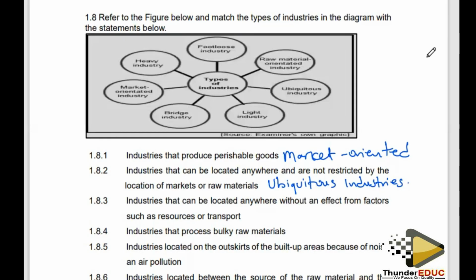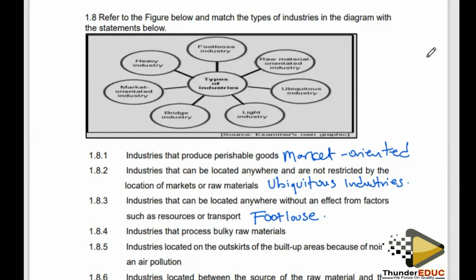Number 3, industries can locate anywhere without an effect from factors such as resources or transport. This will be the Footloose Industries. So they don't need transport, neither resources, so they can be situated anywhere.